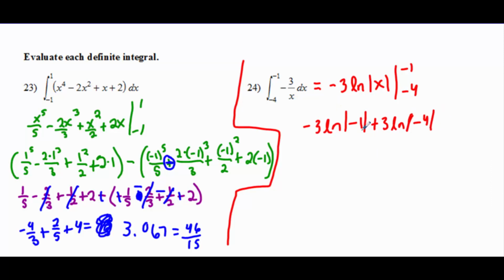So the absolute values are going to change those to positive. So when I type this in my calculator, this is -3 ln of 1 plus 3 ln of 4. I get 4.159 for my answer.